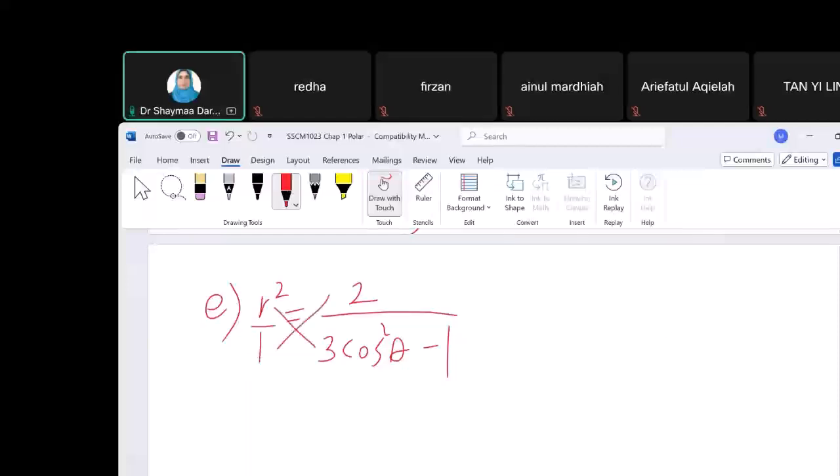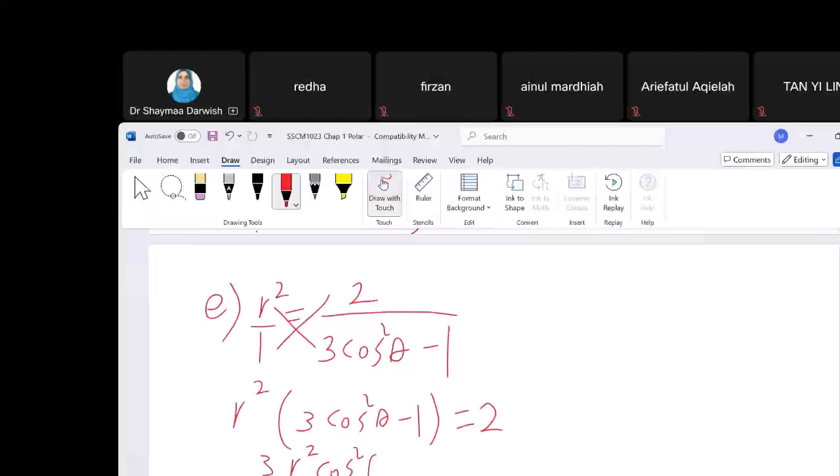How do we convert this one? I will multiply like this: r squared times 3 cos squared theta minus 1 equal to 2. Then you have 3 r squared cos squared theta minus r squared equal to 2.